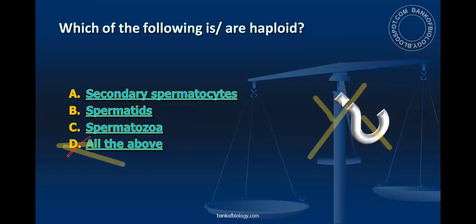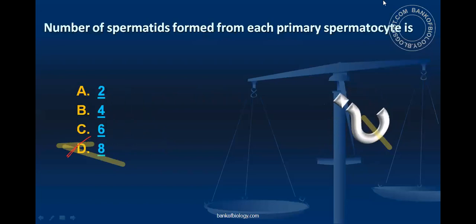All are haploid. Number of spermatids formed from each primary spermatocyte is. Very good. Super. Okay, very good. 2.